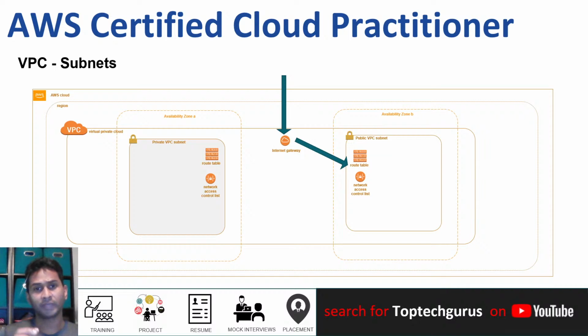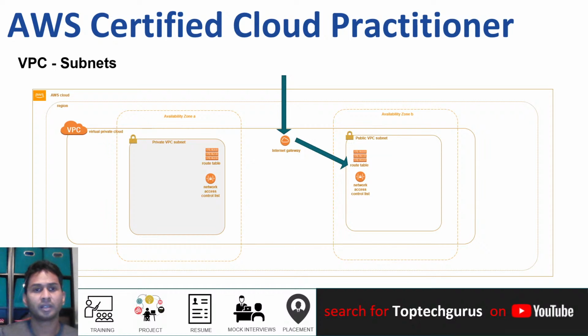So when the route table has access from the internet gateway, it becomes a public subnet. If it does not, then it's a private one, so only resources within AWS can connect to this subnet.